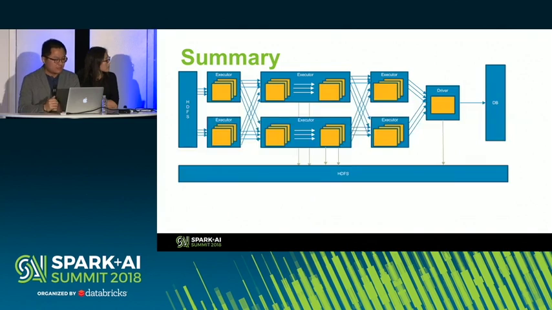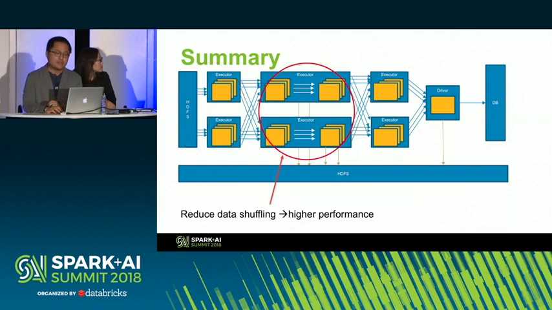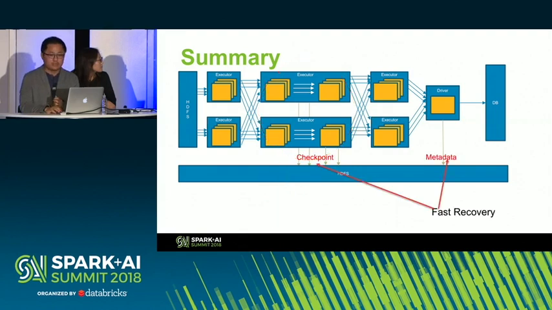So let's summarize what we talked about today. We talked about optimizing the data ingestion to achieve higher parallelism and lower the session loading variance. We talked about Spark optimization by reducing shuffling. We also talked about using the checkpoint for faster system recovery. To enhance that, we also wrote our own serializer for less I/O.